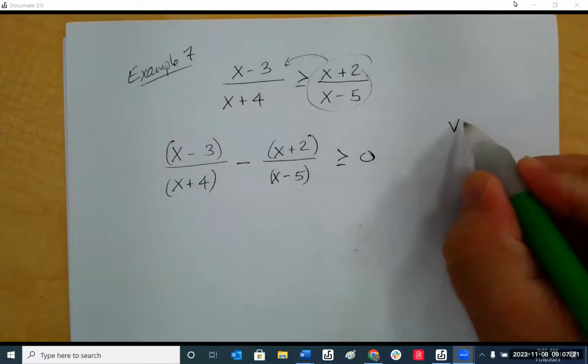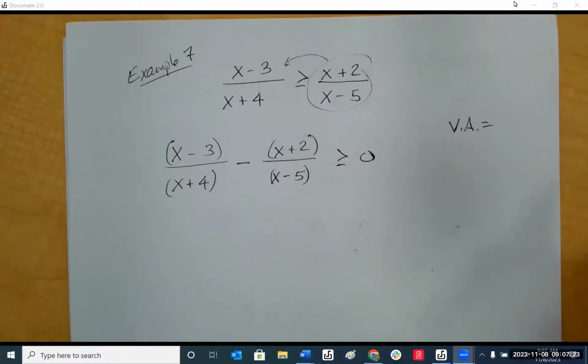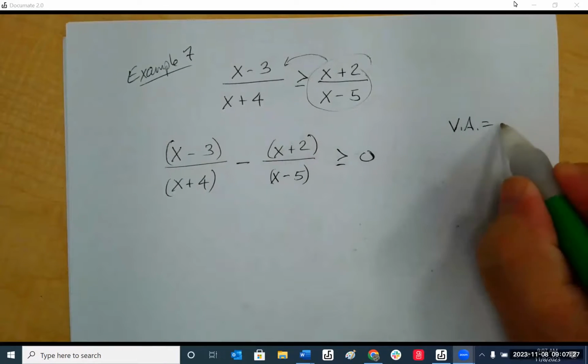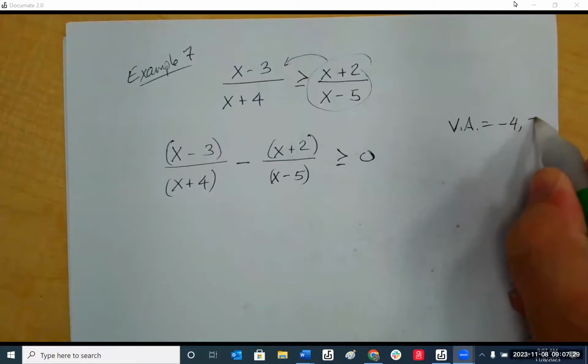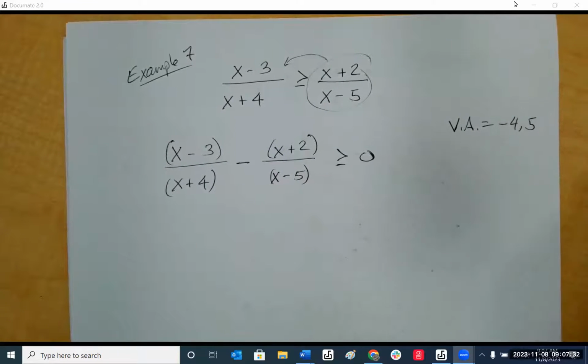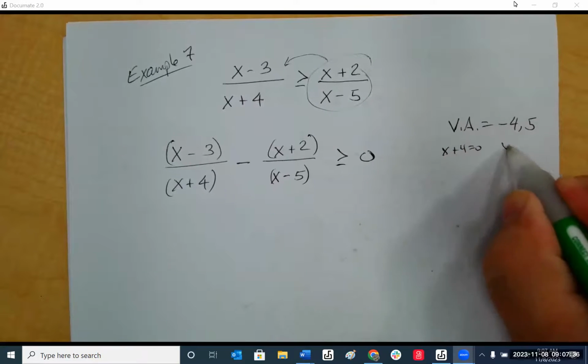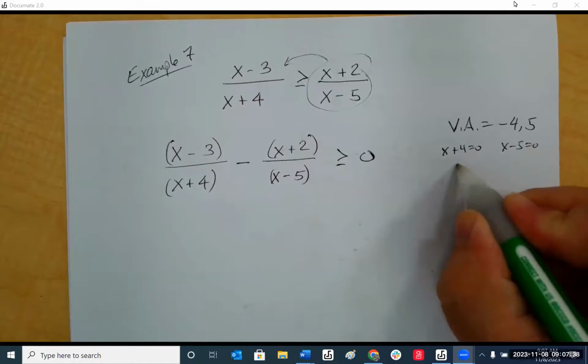So here at this point, I could find my vertical asymptotes. Set the bottoms equal to 0. We have x plus 4 equals 0, x minus 5 equals 0.